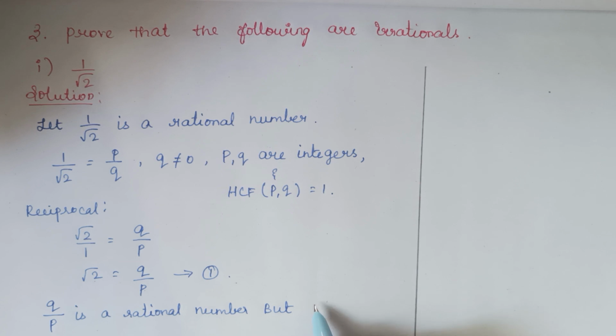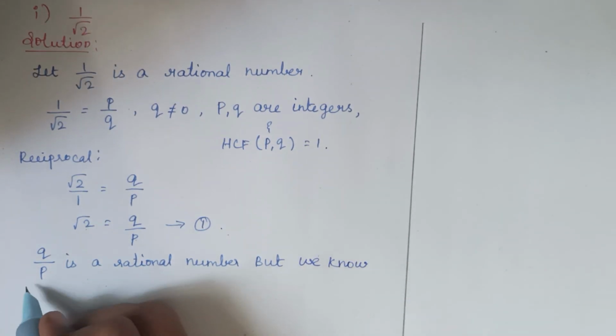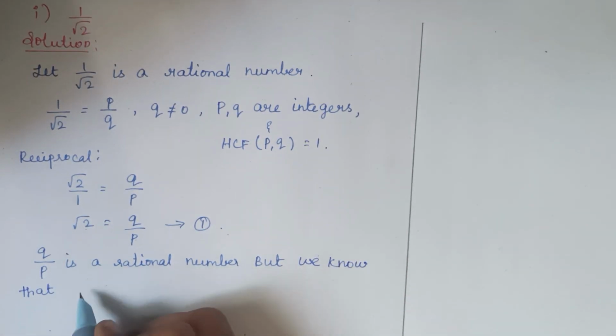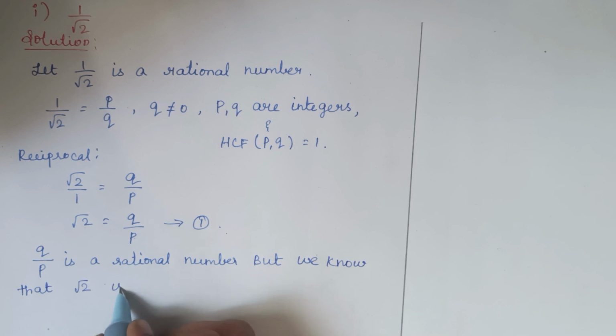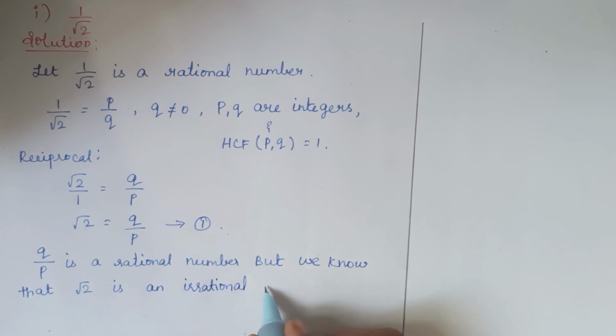So we know that root 2 is an irrational number.